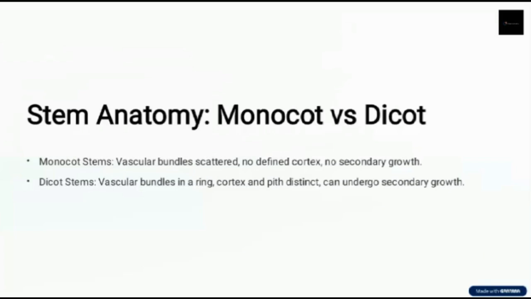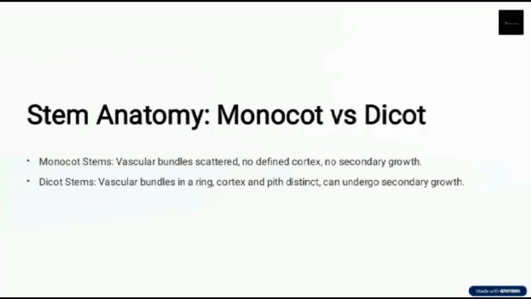So what is it about the stem that helps it look very slender and beautiful most times, or woody and thick? If you take a transverse section, if you cut through it with a knife, that's called a transverse section. Another one is longitudinal section, where you cut it lengthwise.